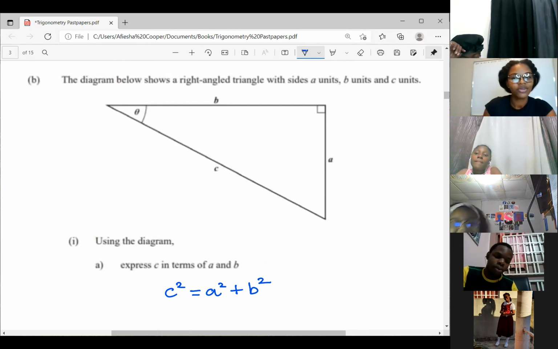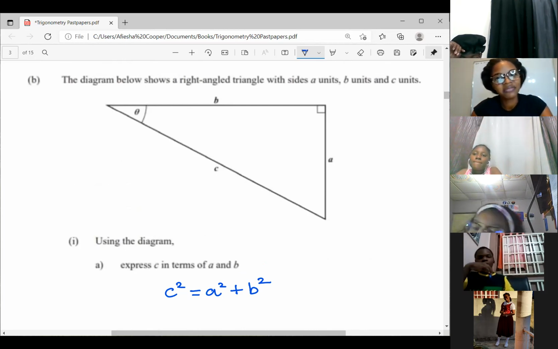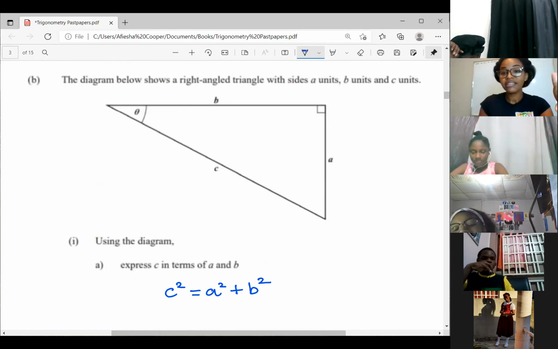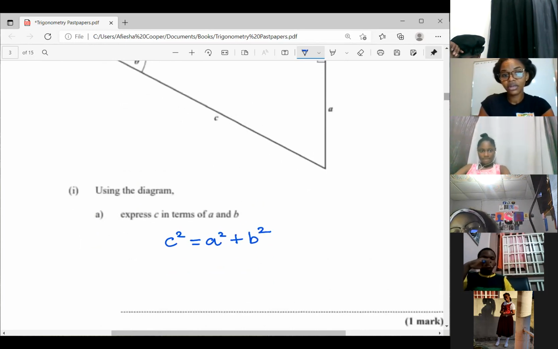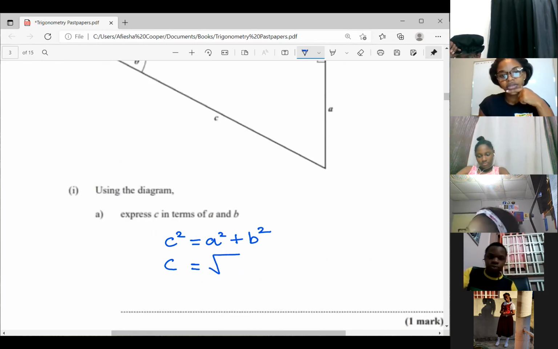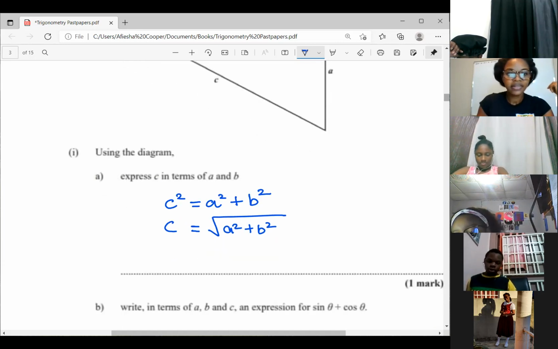Pythagoras Theorem. So, is this our answer though? No, miss, it isn't. It said C, not C squared. So, C is equal to what now? The square root of A squared plus B squared. All right, nice.